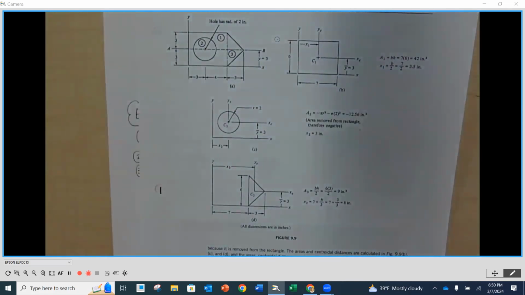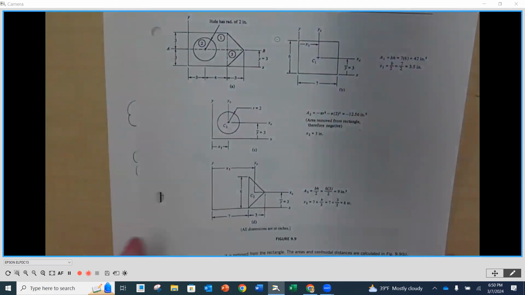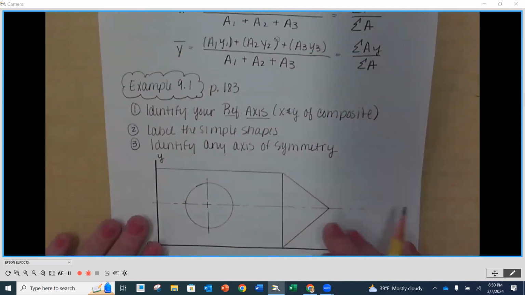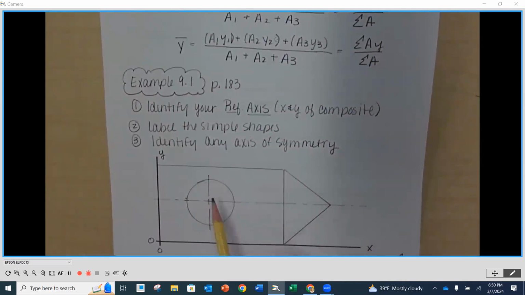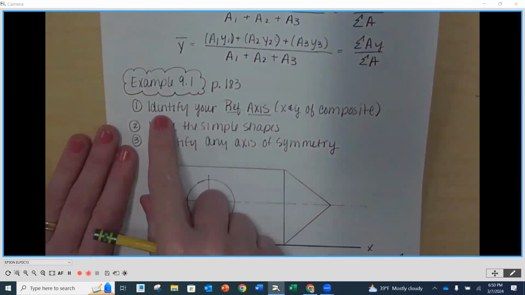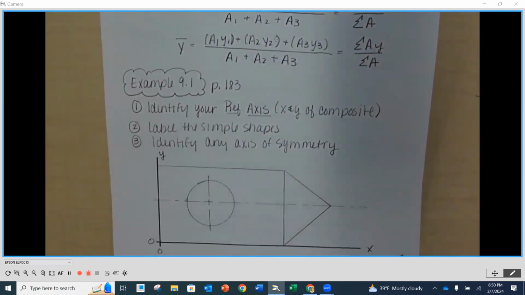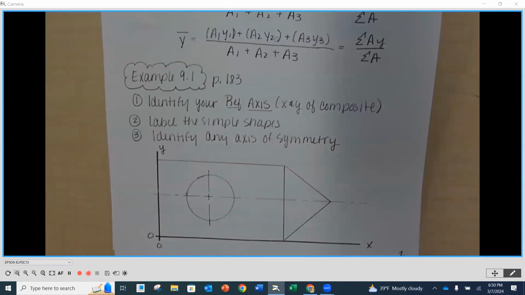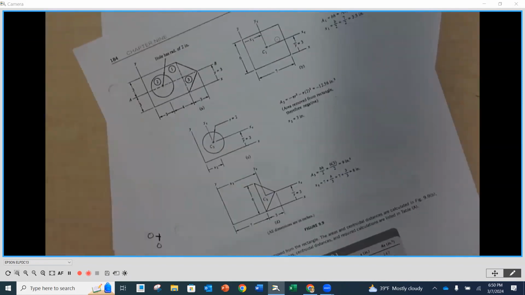They have gone ahead and determined the simple shapes, and that's going to be one of the things that we do here. So it's actually step number 2. The first step is going to be identifying your reference axis, and your reference axis is just where you say, this is where my X and my Y are going to be for this shape. On the problem, they identified that for us.